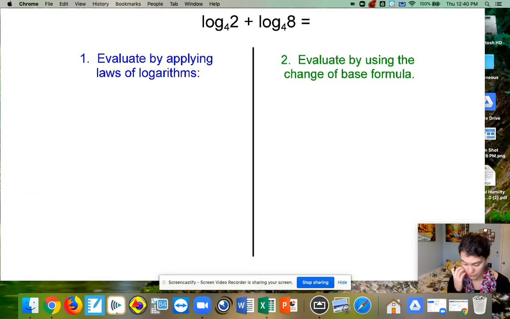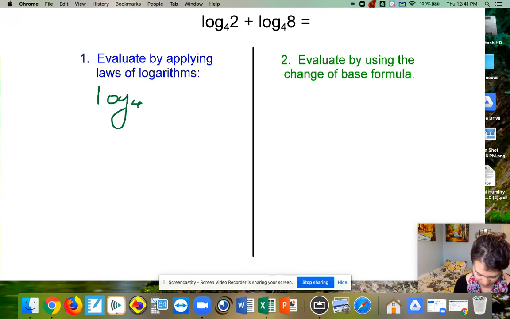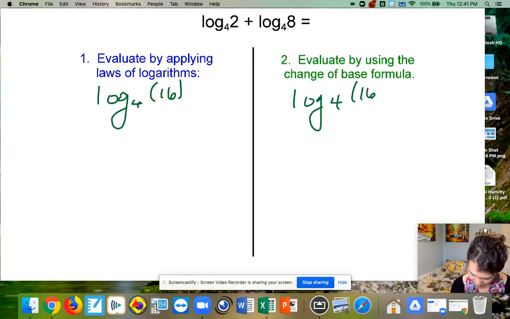Okay, so here, we're going to evaluate this 2 different ways, by applying the laws of logarithms and then by using the change of base. It doesn't really matter which one we do. The first step for both is to combine this into one log. So this is going to be log base 4 of 16, because you do 2 times 8. So if we apply the laws of logarithms, you can have this equal x.